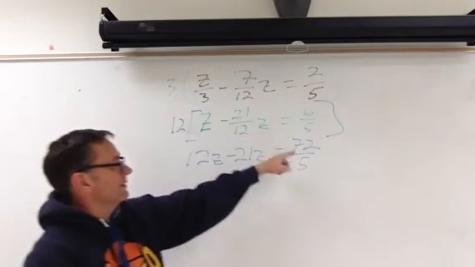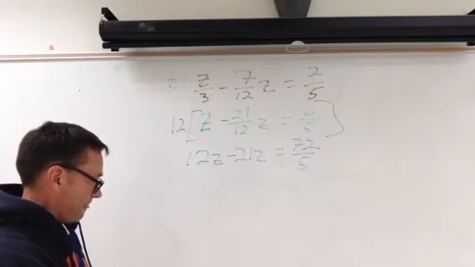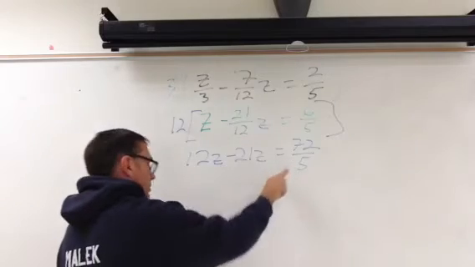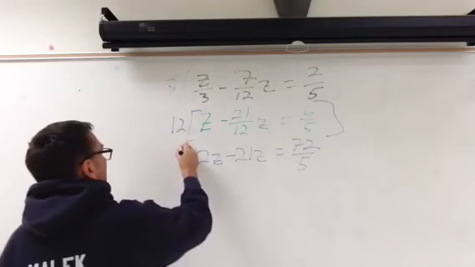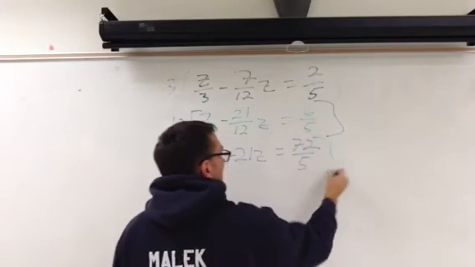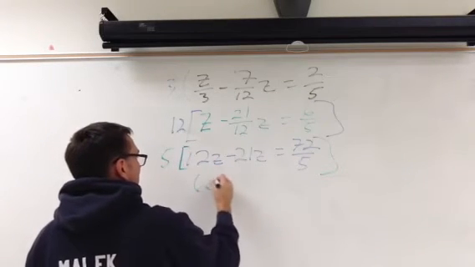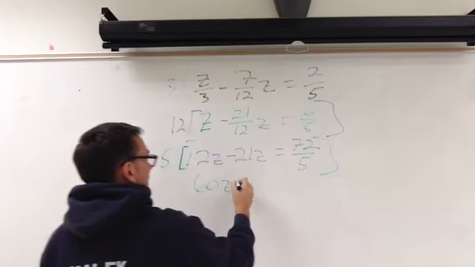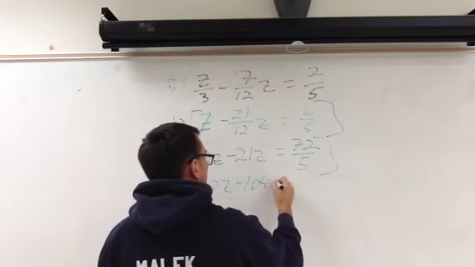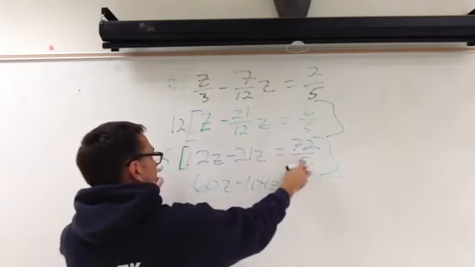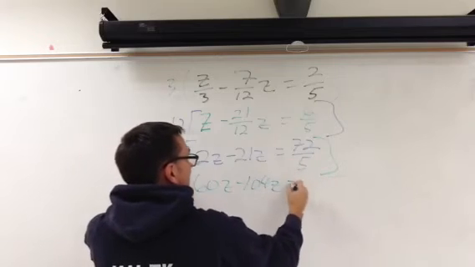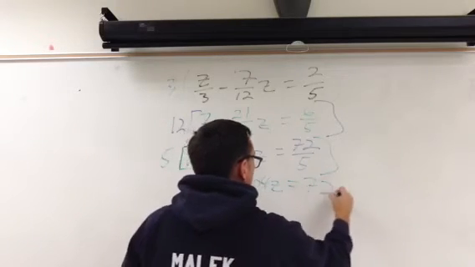Multiply the 12 by the 6 to get 72. I'm going to have to do this one more time. The last denominator is 5. 5 times 12 is 60z. 5 times negative 21 is negative 105z. 5 times this, the 5s get eliminated. They cancel out. I'm left with 72.